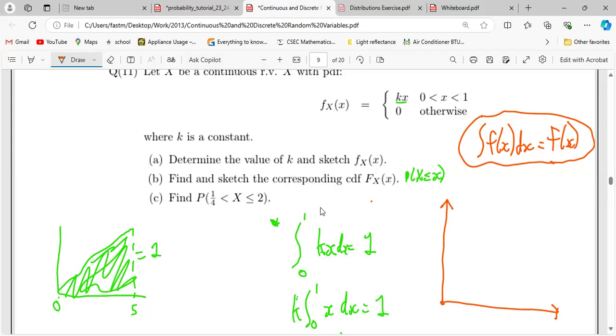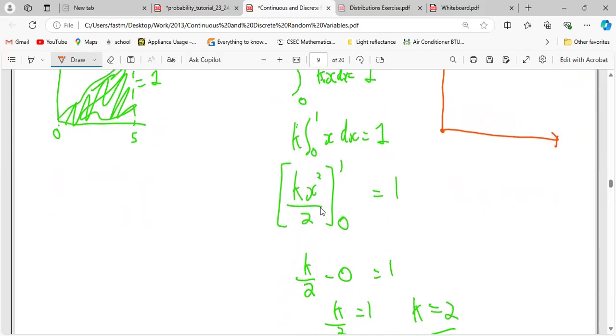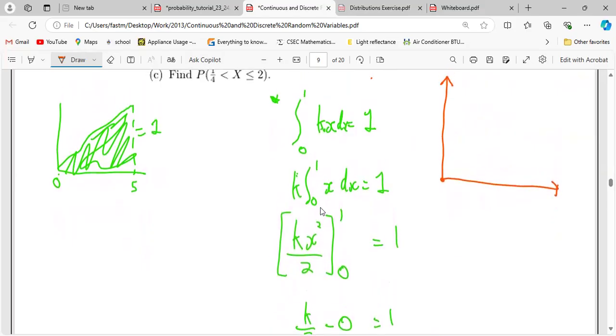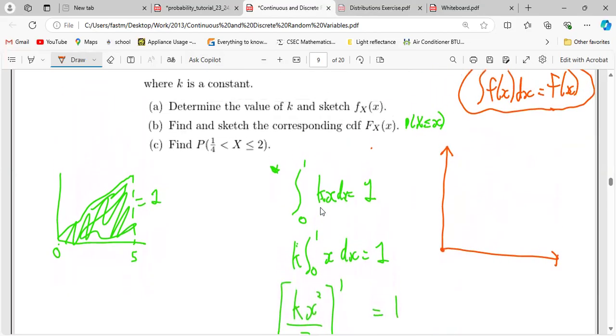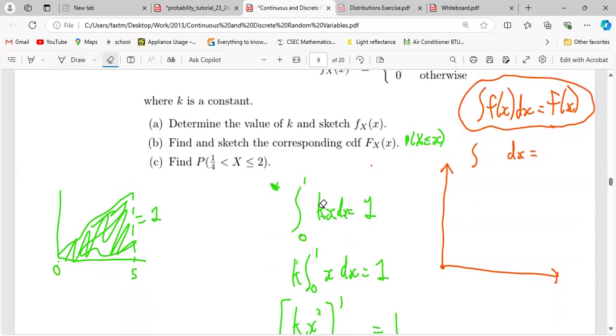But anyway, you're trying to integrate this. We just did the integral of it, which was kx squared on 2. So if I plug k back in as 2, we end up with the integral of 2x dx.